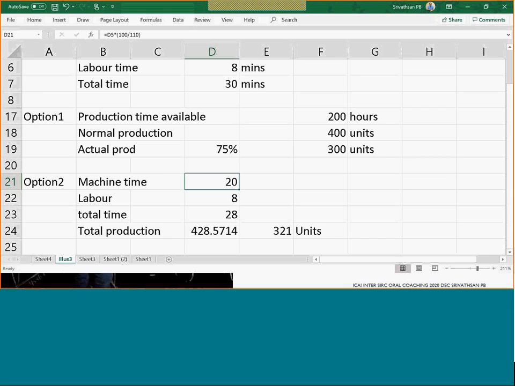So there are calculation differences, but when asked in the exams, they'll ask as per the book.